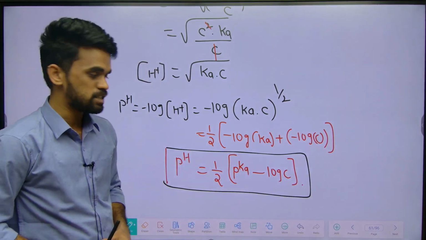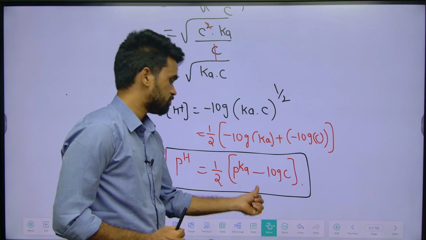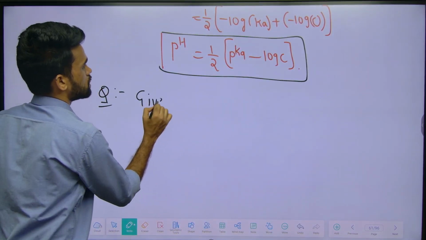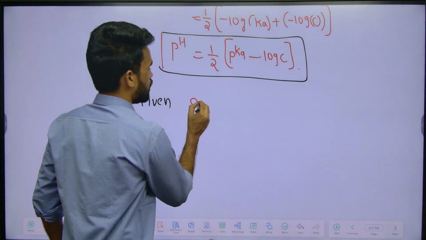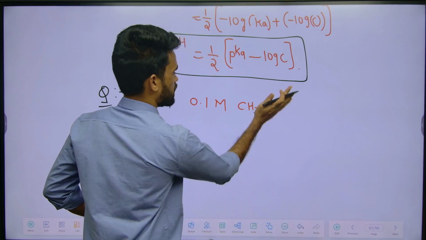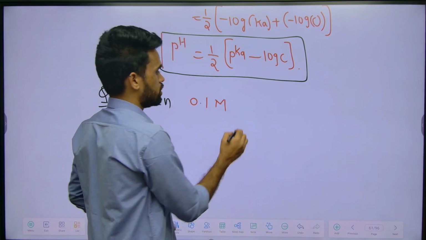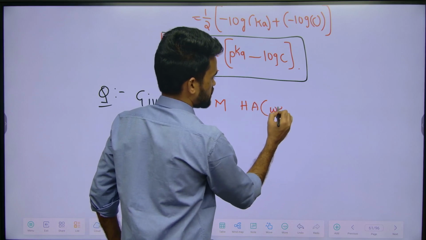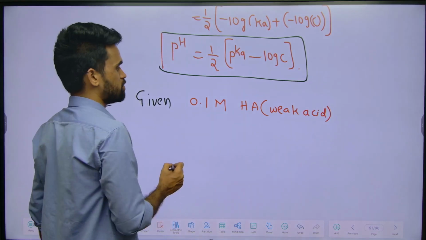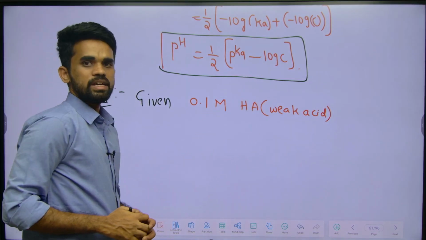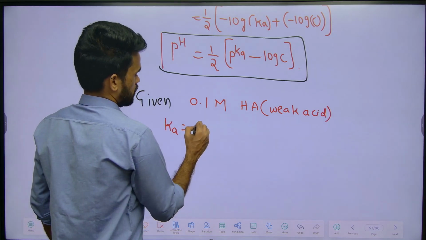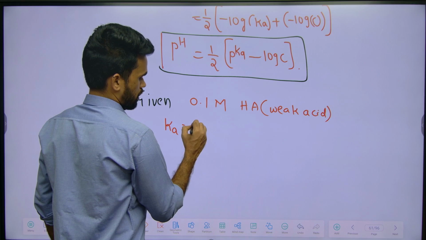What type of questions can we expect on this model? Let's see. Given a question here: 0.1 molar acetic acid or some weak acid, some 0.1 molar HA, mentioned as a weak acid, or they won't mention it as a weak acid, just by giving 0.1 molar with Ka, the acid dissociation constant, equal to some value.